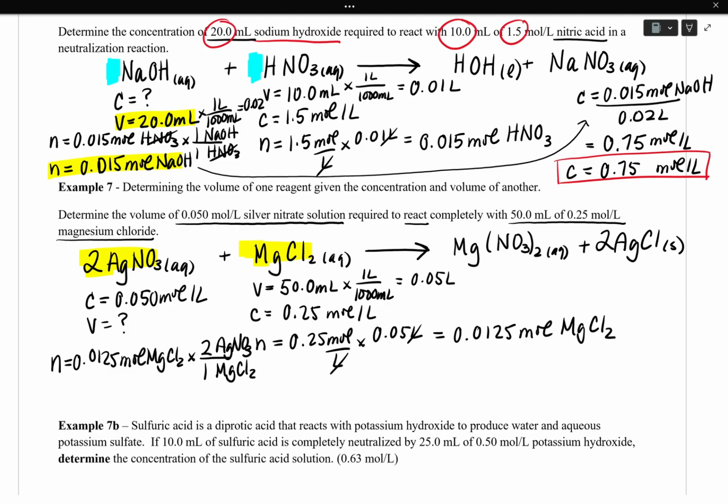So again, remember, this is just coming from the coefficients. So I'm going to take 0.0125 moles, multiply it by 2. So I'm going to have 0.025 moles. MgCl2 cancels, so I'm left with AgNO3.